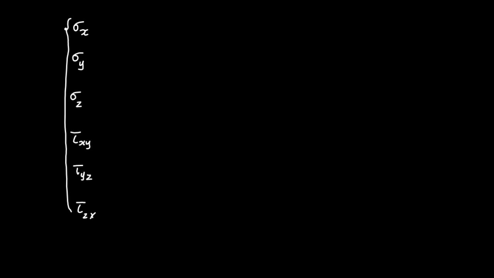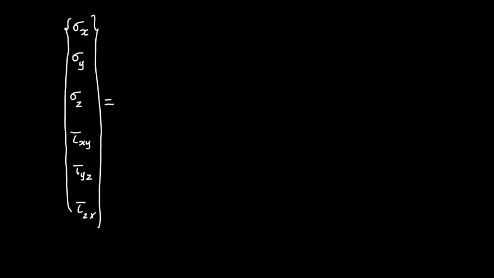So in the next step, I am going to write all the stresses on the left side. It is going to be sigma x, sigma y, sigma z, tau xy, tau yz, and tau zx. These are all the normal and shear stresses.